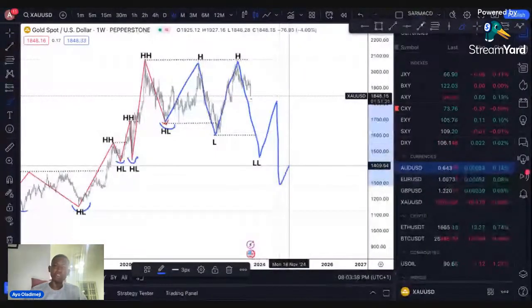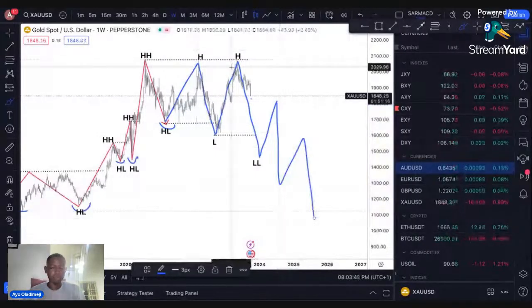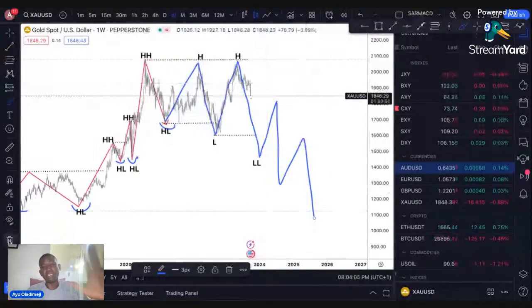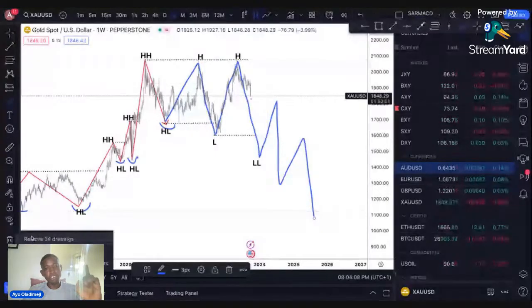And then when it does this, you can see that the direction of the market has changed, the trend has changed. So over a period of time, you're going to see that gold may continue to go down, indicating a change in trend. But like I told you from the beginning, the movement of price that creates trend in the market are the impulse and the correction.